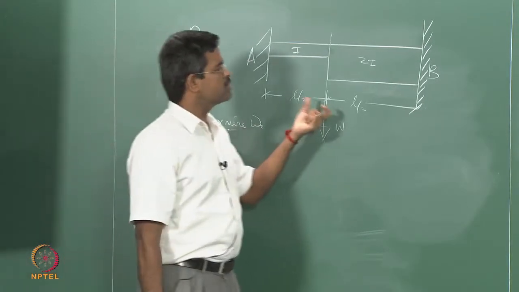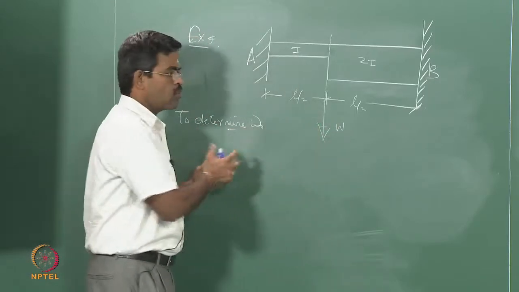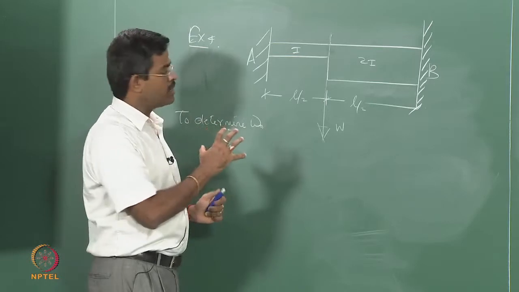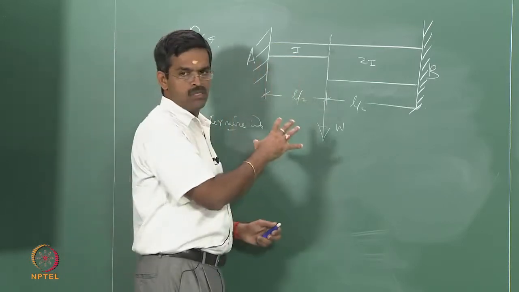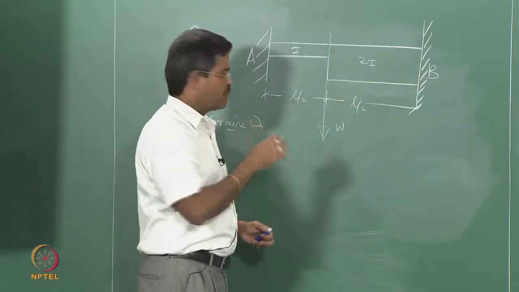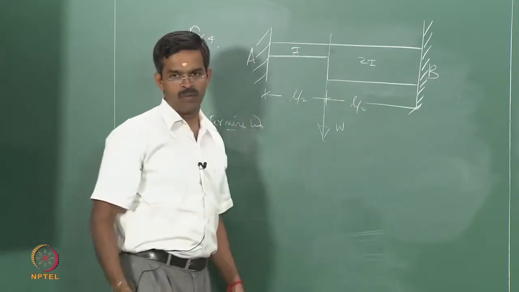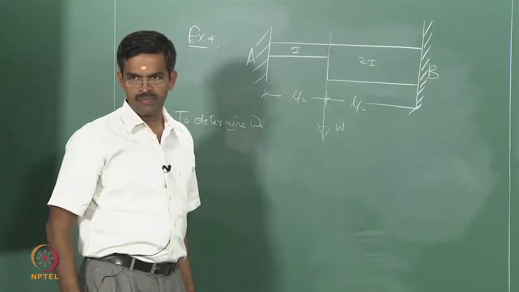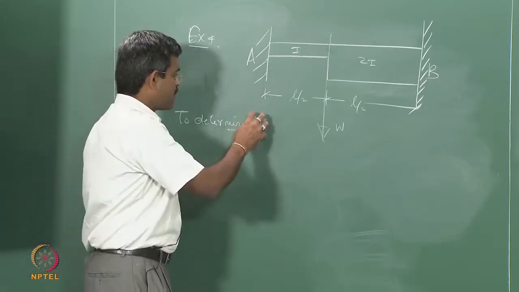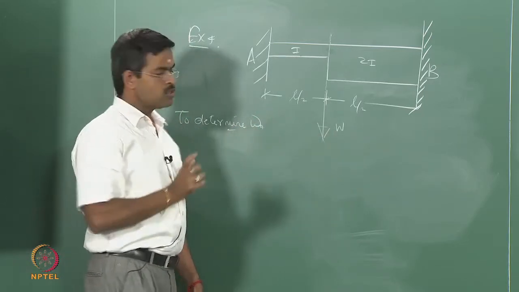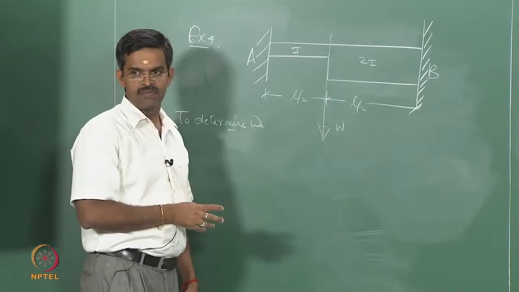Why are we doing all these things? Because by hand one should know how to compute simple values of omega n. There are other ways of doing it. You can mathematically model this, give these properties and excite it for free vibration, you will get omega n automatically from software also. But you must know whether the answer given by the software is right or wrong. You may not work out the answer accurately, matching the software for all 15 digits, but you must know the principal digits of the answer are right.